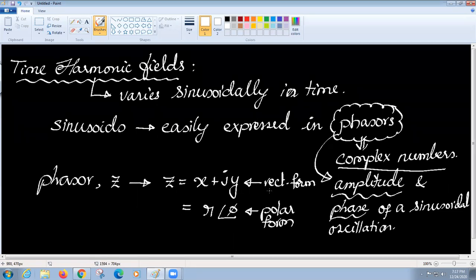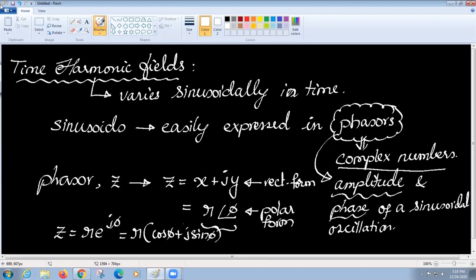And if you want to multiply and divide complex numbers, then polar form is highly recommended. Generally, I can write z equal to r e power j phi, and if I expand this, you get cos phi plus j sine phi.